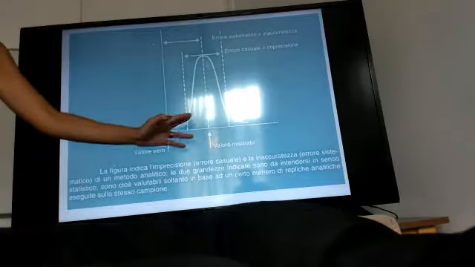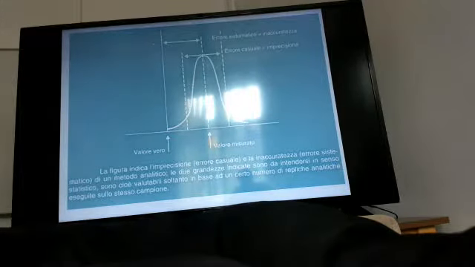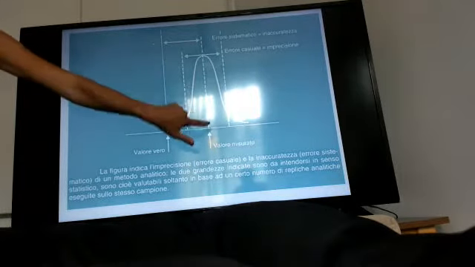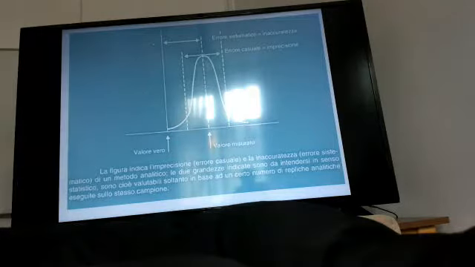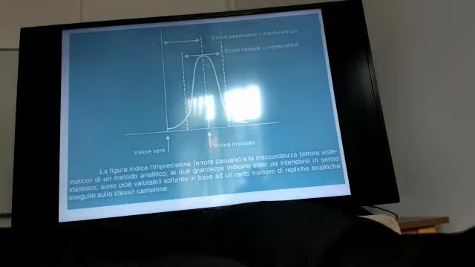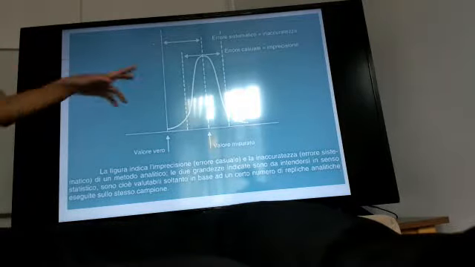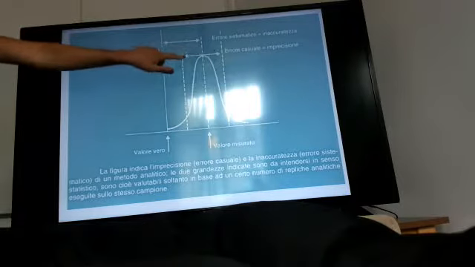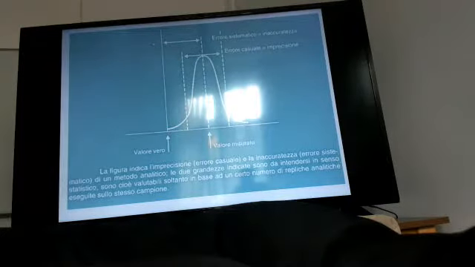But others may be distant from the average. Okay, this is imprecision. It means that if I measure glucose 100 times in my blood, I will obtain a different range of values. The larger this range, the more imprecise the test.